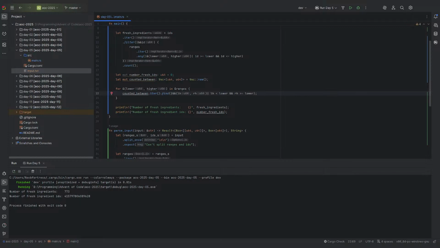So in this case, we found a potential overlap here. In this case, there is an overlap because the higher part of an already counted range overlaps with the lower part of this range. This will return a range.